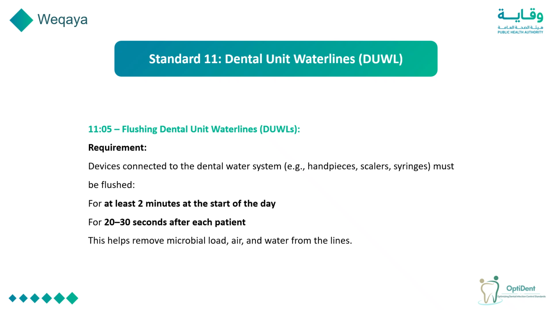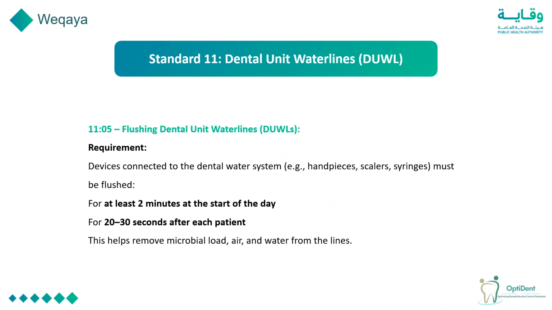Flushing means when you press the foot control for the dental unit, in this way you will have water and air coming through the water tubing. So flushing means that you will make the water run from the selected tube.